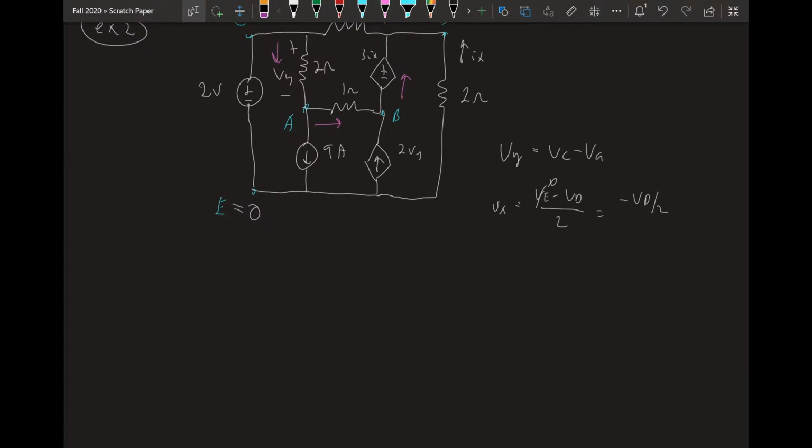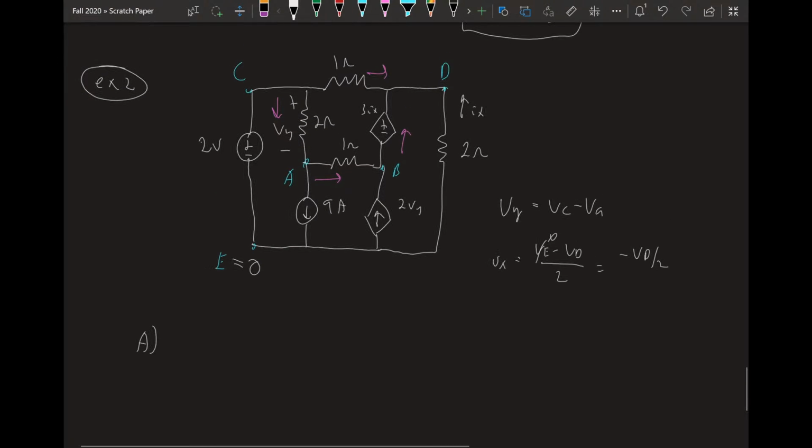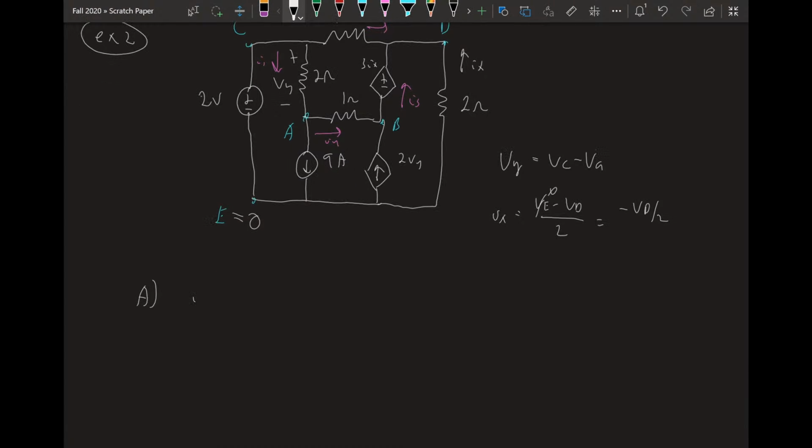Now let's get on with our system equations. Solving for node A. I didn't label these currents, did I? Let me label them real fast. I'm going to call this I1, I2, I3, and I4. Okay. Node A. Node A is I1 going into it minus I4 minus 9 equals 0, right?